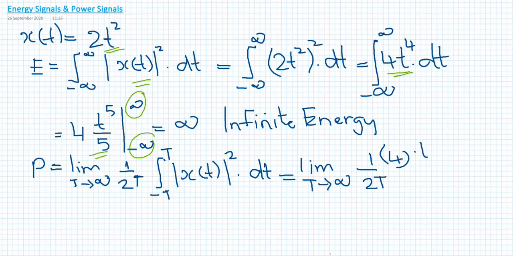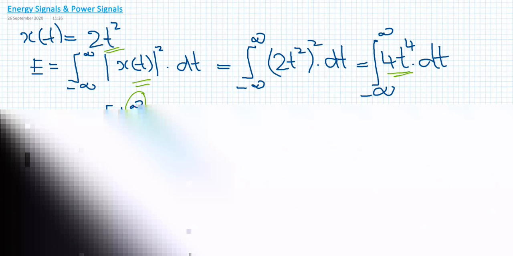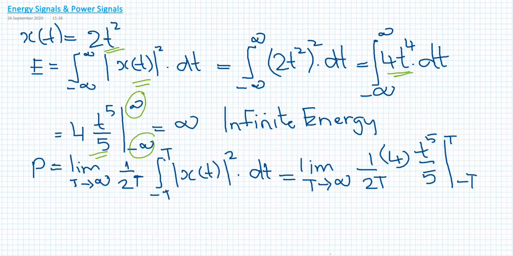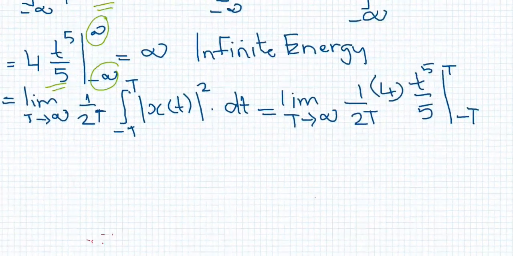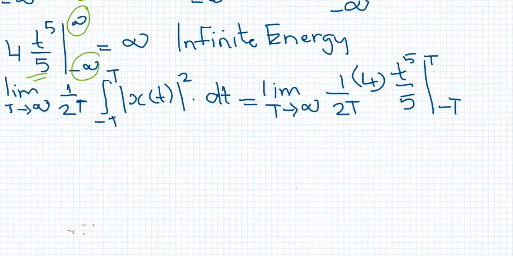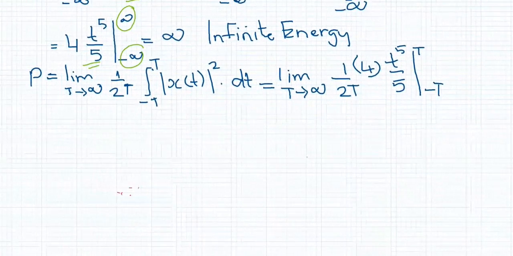It will be t power 5 divided by 5, and my limit is going to be minus t and capital T here.